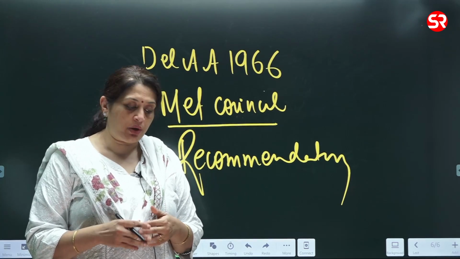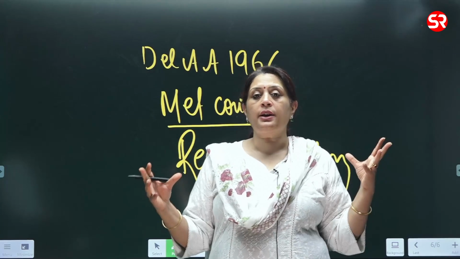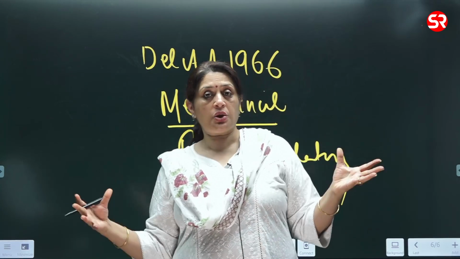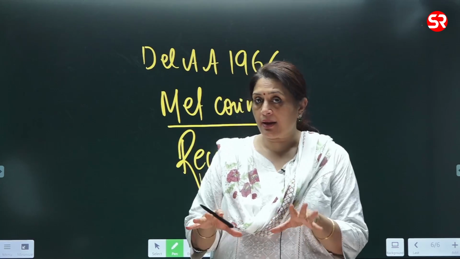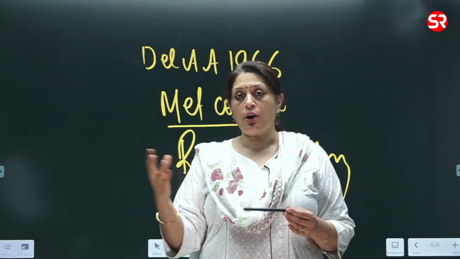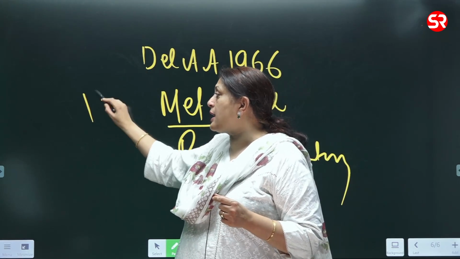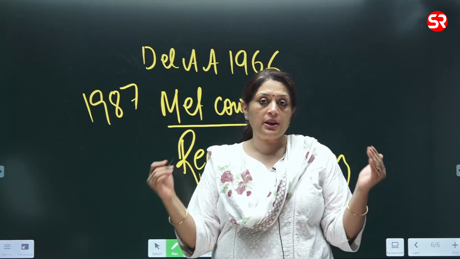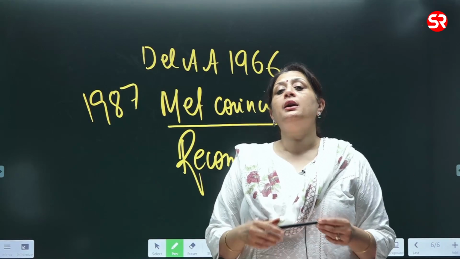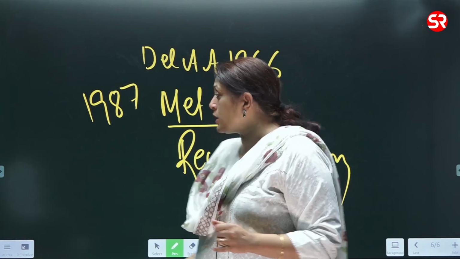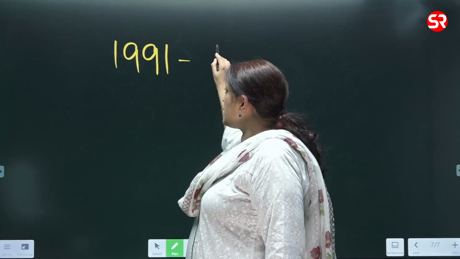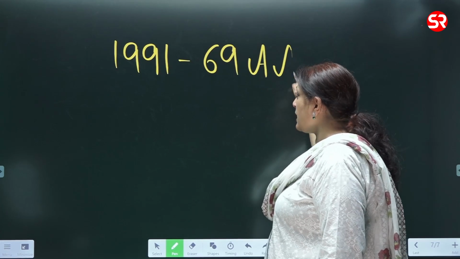who is an administrator. Now, as you know, in domestic politics the Jan Sangh raised this issue that Delhi should be made a state, and the Congress government, fearing that it may lose ground, in 1987 established the Balakrishnan Committee, which recommended that Delhi should be given constitutional status, and consequently in 1991 the 69th Amendment Act was passed.